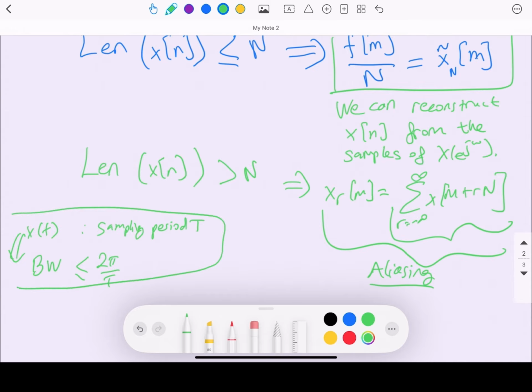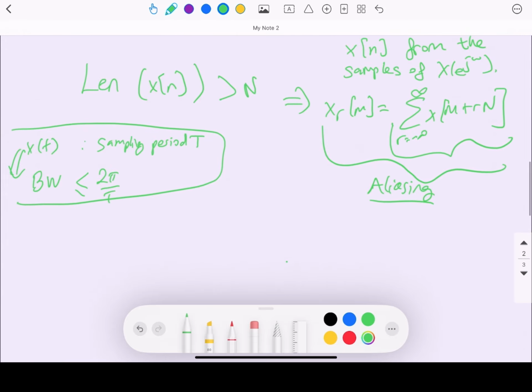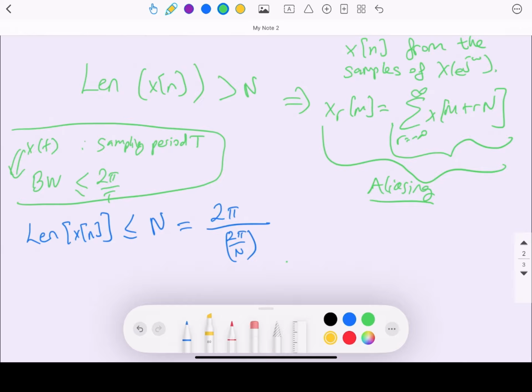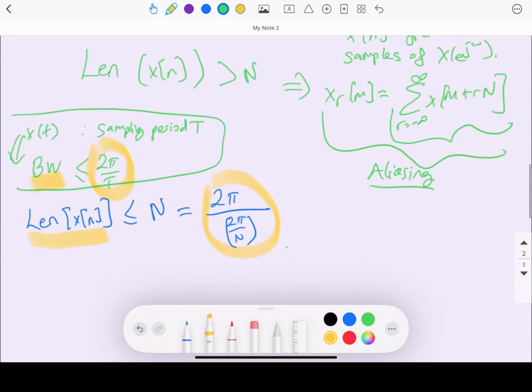This is the time domain sampling case. So for the frequency domain sampling case that we looked at over here, the length of x of n must be less than N, which is equal to 2 pi over the sampling period. So we can see that this is very similar to the time domain case.